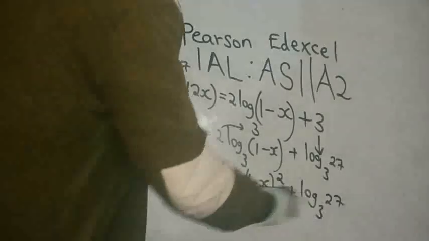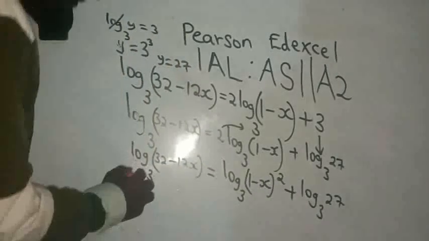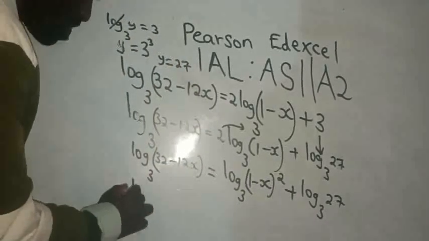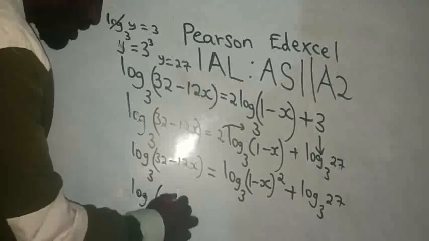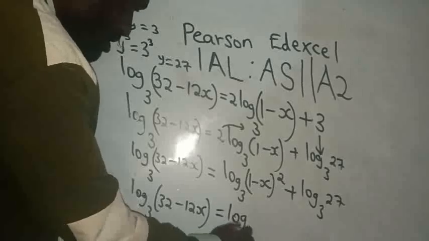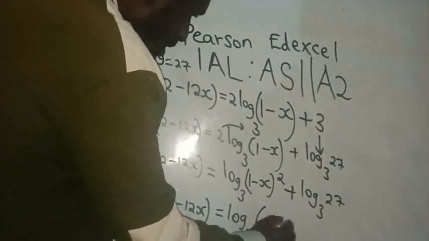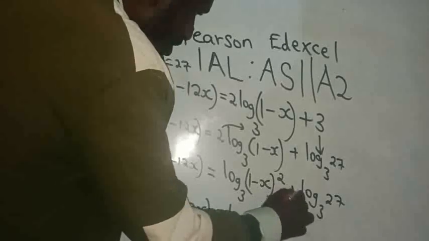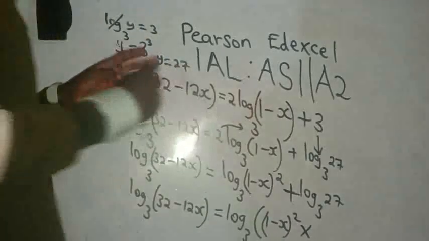Once the bases are the same, you can factorize out log to base 3. So we shall have log to base 3 of (32 minus 12x) equal to log to base 3 of (1 minus x) squared, plus, which changes to multiplication when two logarithms are combined.